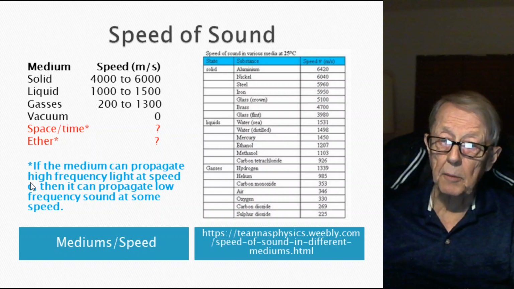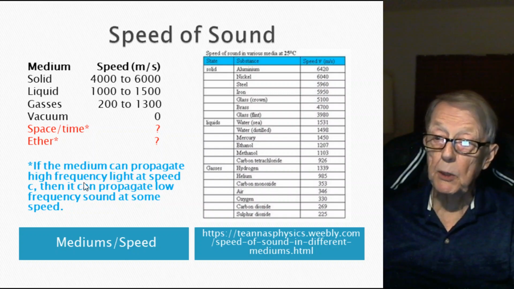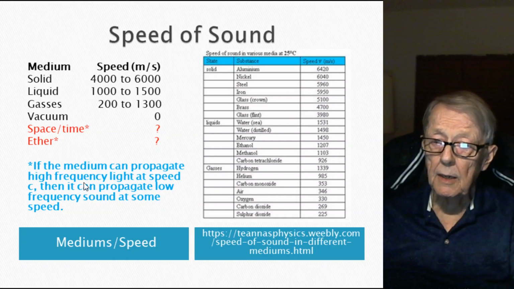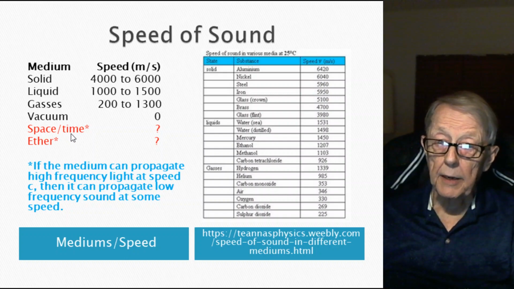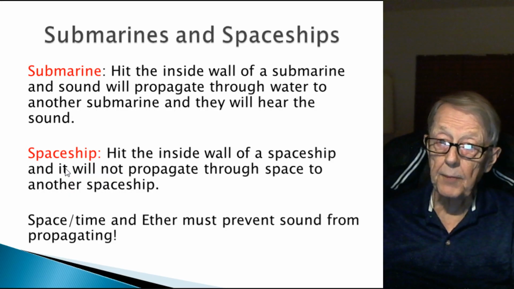If the medium can propagate high-frequency light at speed c, then it can propagate low-frequency sound at the same speed. After all, the only difference between the two is the wavelength, the distance between the peaks. So why shouldn't space-time in relativity and in ether propagate sound?